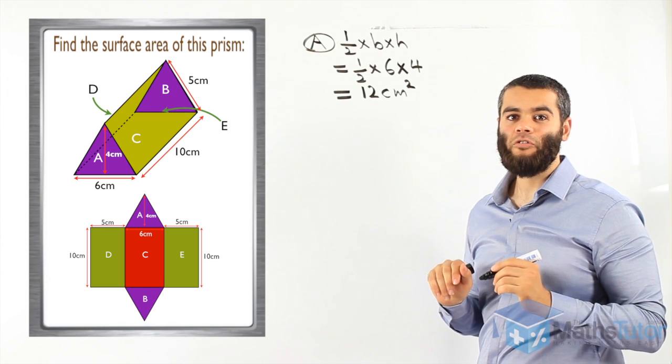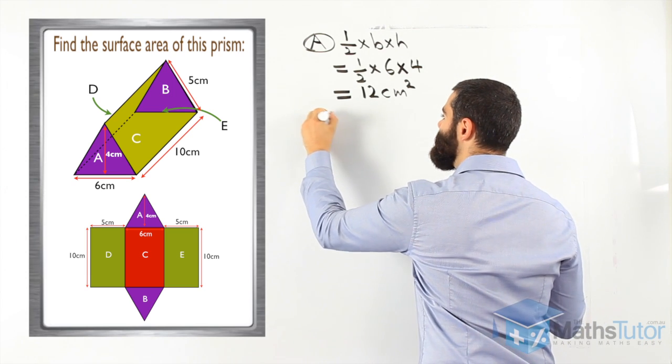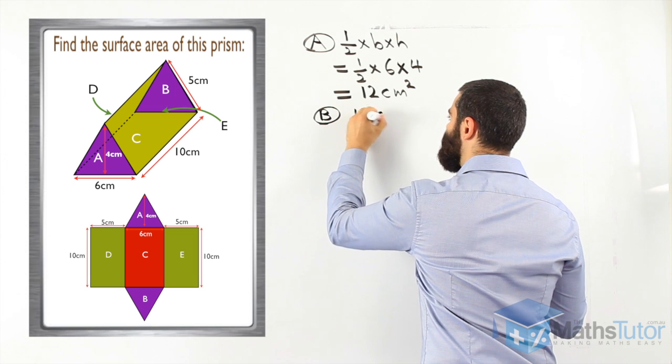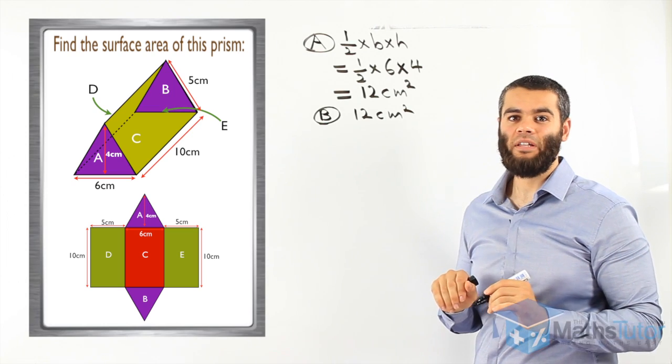That's the area of triangle A, and we know B is the same size, so B is also 12 square centimeters. The triangles have been done.